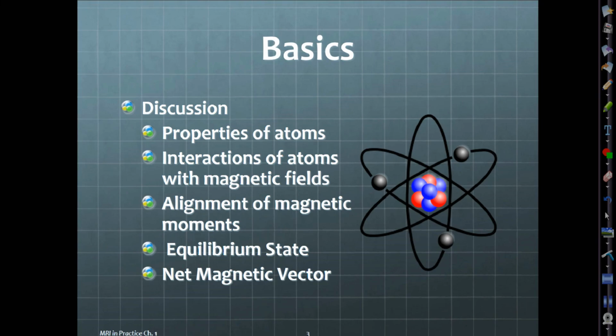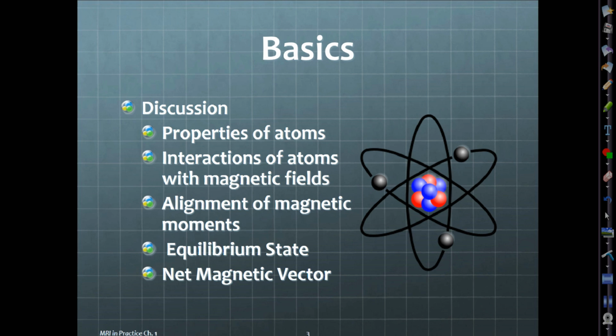Okay, so today we're going to be going over properties of atoms. A lot of this is going to be a review of anatomical structure from our X-ray physics class, which I taught you, so hopefully you remember all that. We'll cover interactions of those atoms with the magnetic field, really dealing with the static magnetic field, which has the notation B sub 0.